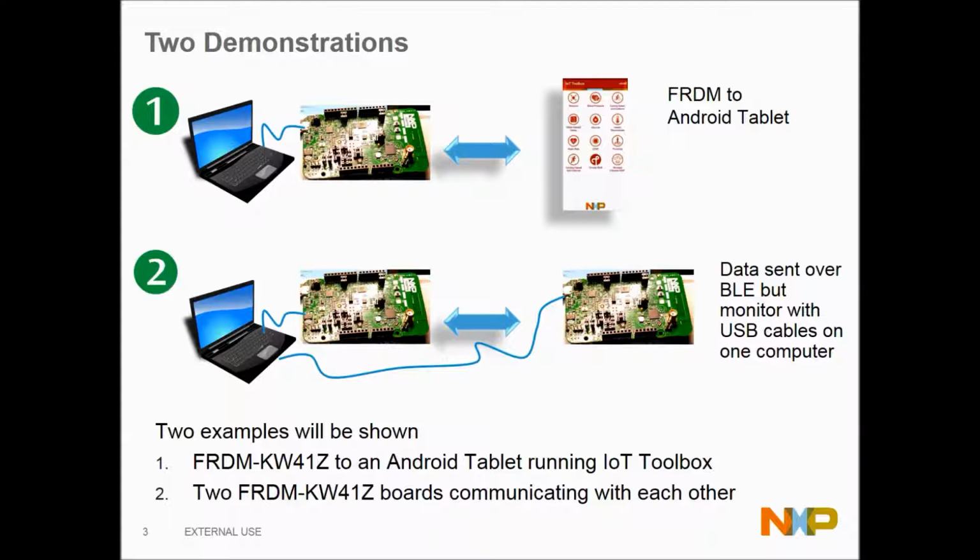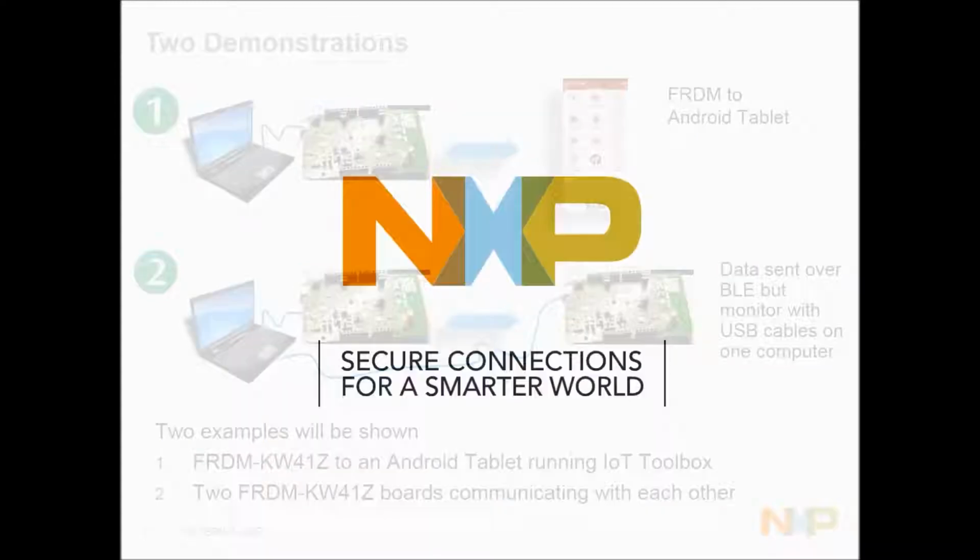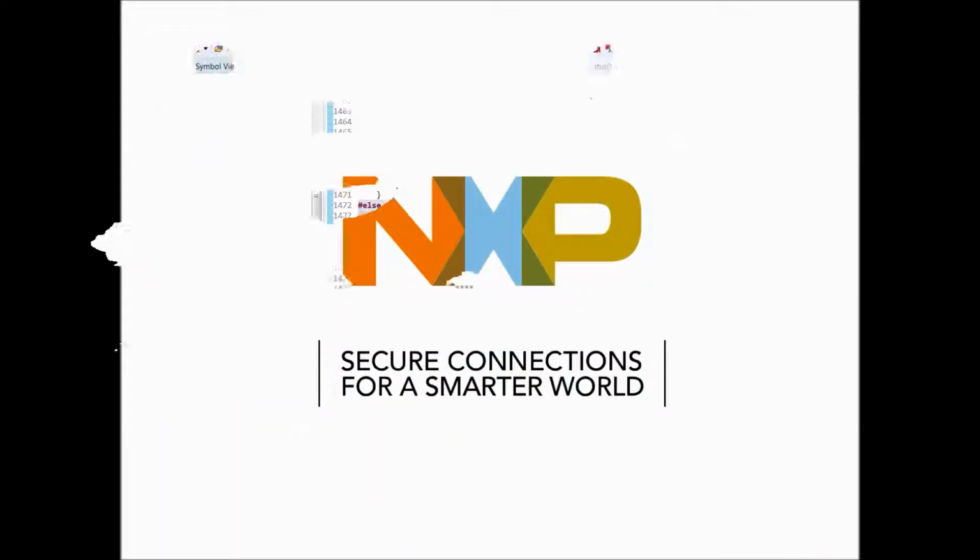The data is not going over the USB, it is going over the Bluetooth link. However, it will be using two COM ports on one PC so that we can record a video, and that same laptop and all the applications will be used to record the video as well as run the BLE examples. So let's get started with doing the application.